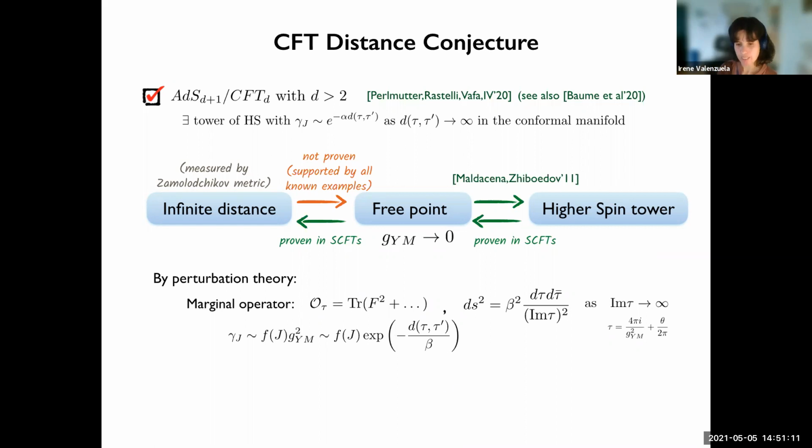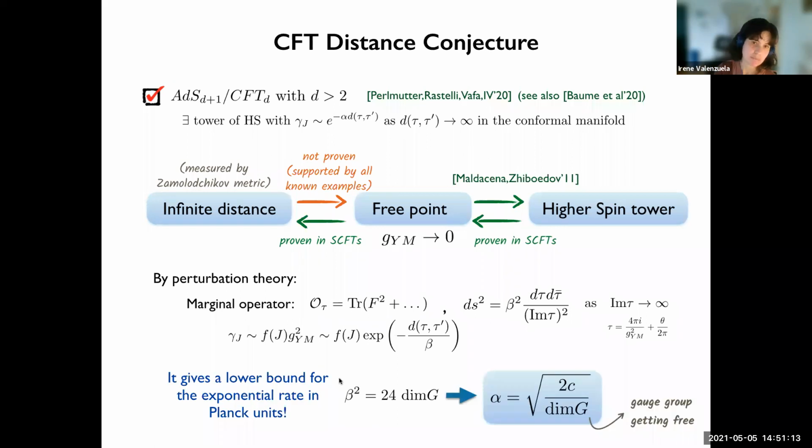Okay. And one of the nice results is that here we can compute exactly again what this exponential rate is. And when we translate it to Planck units, it's lower bounded.